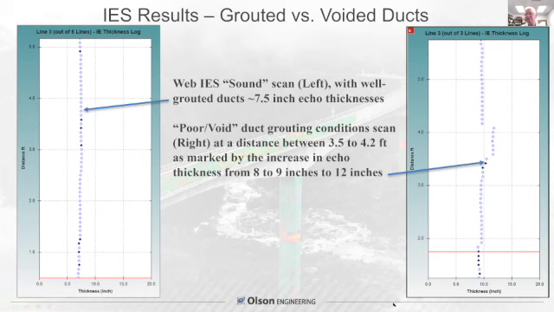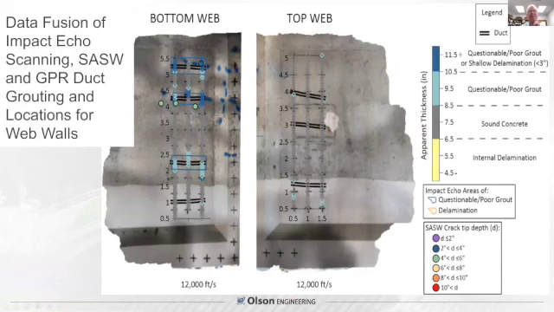As we look at the next, this is how it plotted in a data fusion sense of overlaying it on the images. You can see in the webs where the radar found the duct locations of the post-tensioning, and you can see in the color scale on the right showing internal laminations, an apparent thickness plot.